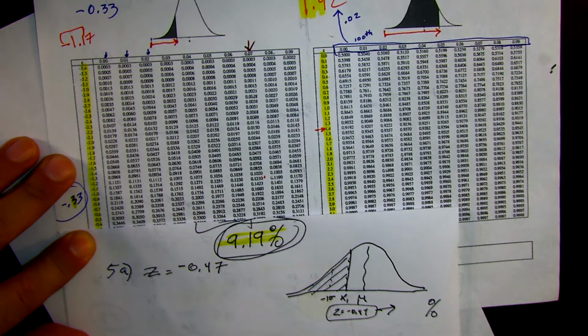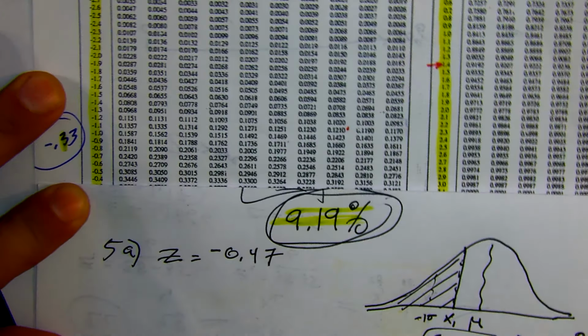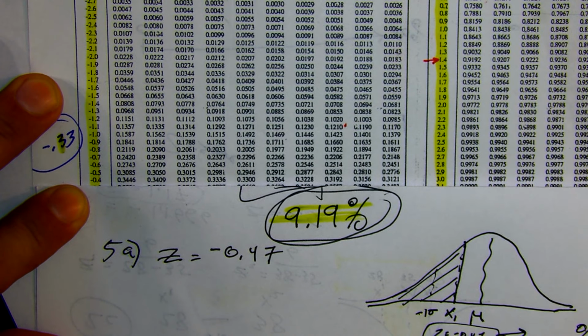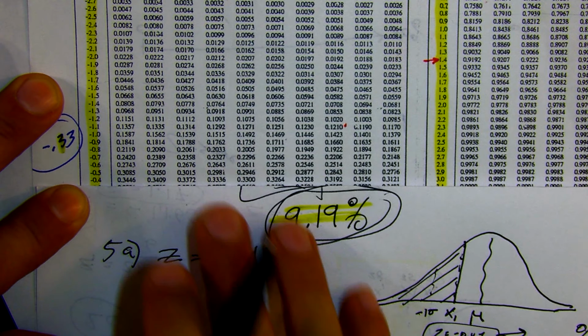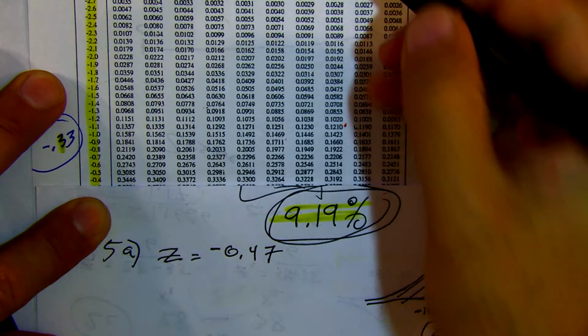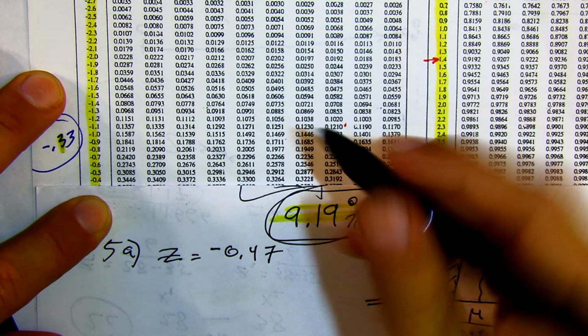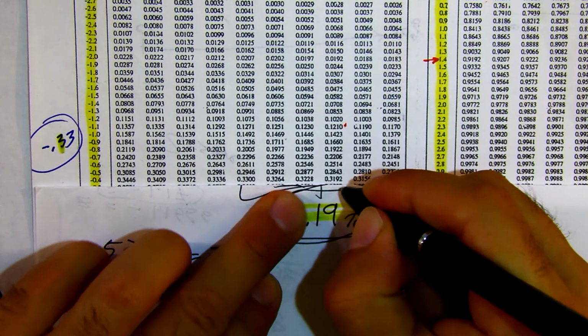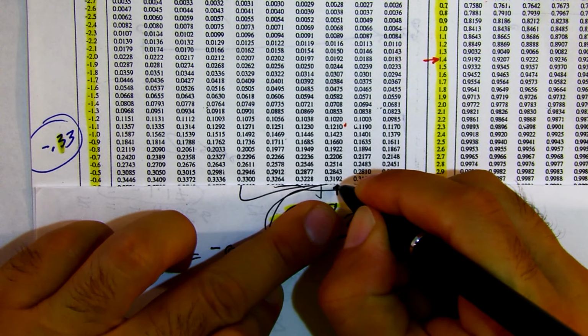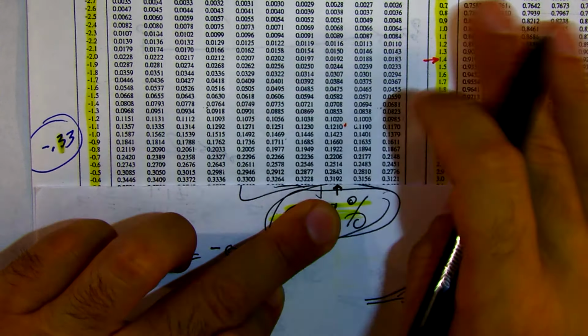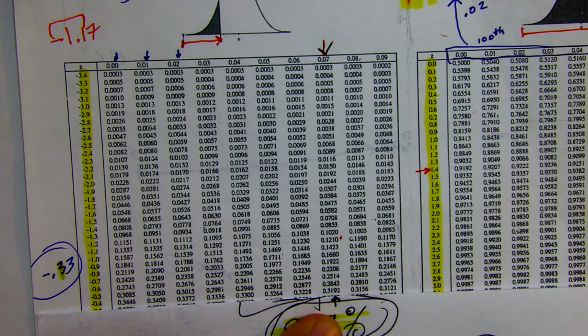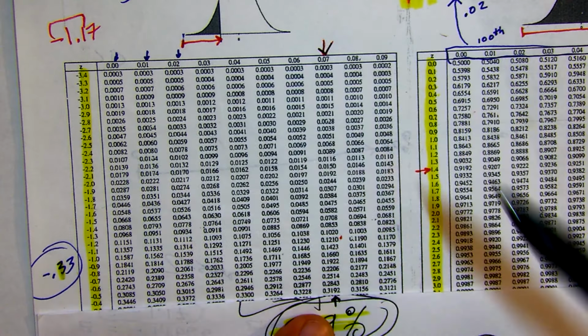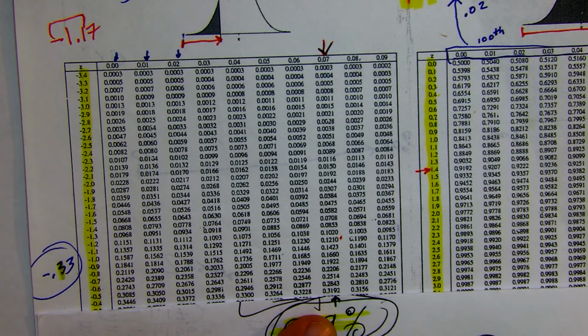You see, I went first to negative 0.4, and then I added the 0.07 to get negative 0.47, and that gets me down to right here at 0.3192. So let's write that here, 0.3192. So this z-score gives us this percentile, which we can restate as 31.92%.